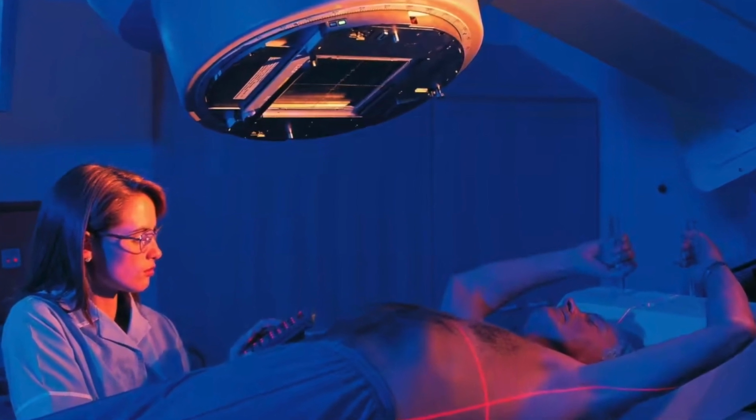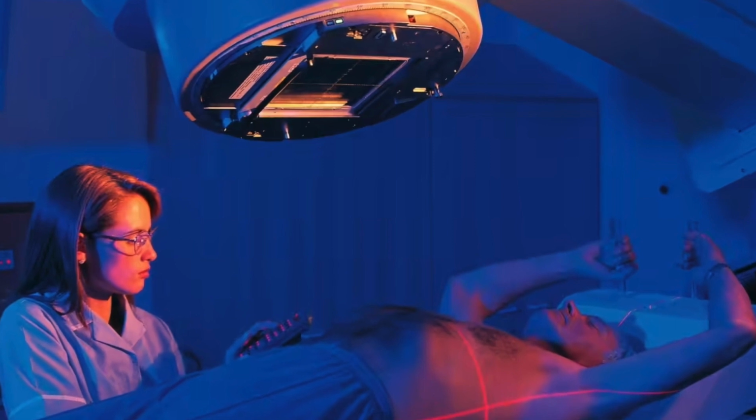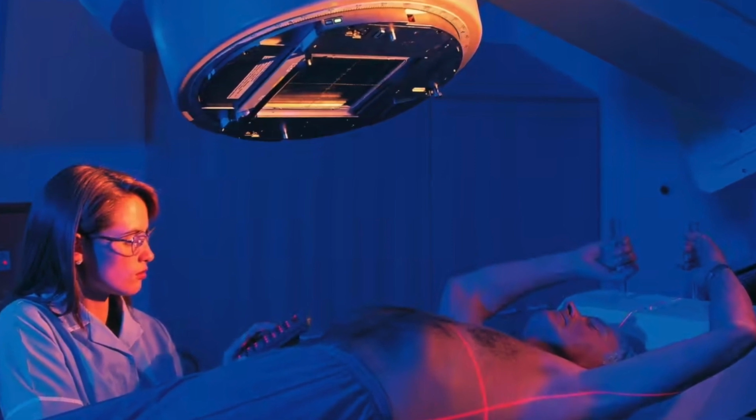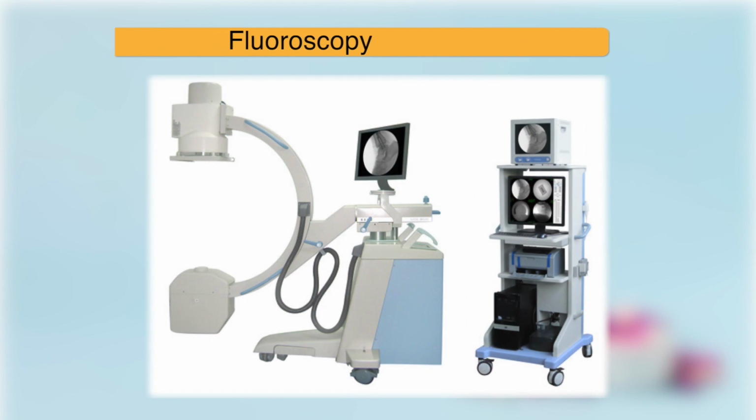As far as medical imaging is concerned, there are many different technologies, and I would like to give some examples. A portable fluoroscopy machine can be used to guide cardiology, neurology and other procedures.